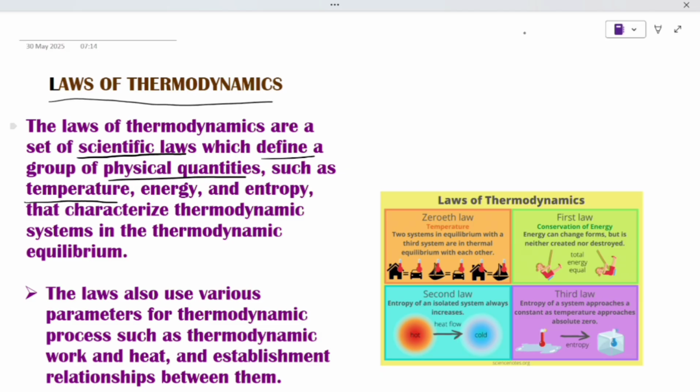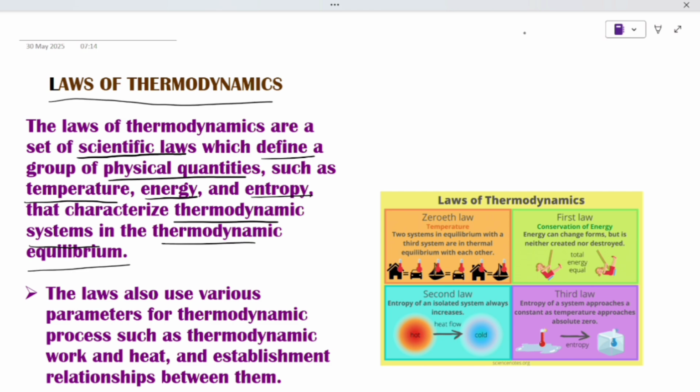These are the major parts we use in the laws of thermodynamics, and it categorizes thermodynamic systems in thermodynamic equilibrium.